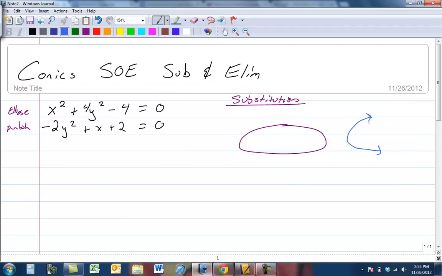In this case, how many intersection points is this going to have? This has none. But it could be like this. It could have one solution like this. It could have two solutions like this, right? Like these intersection points there.